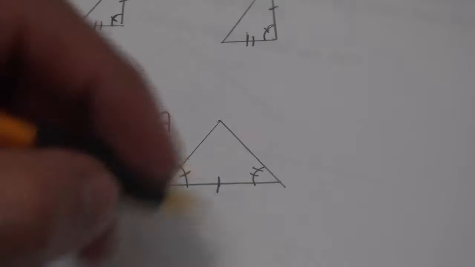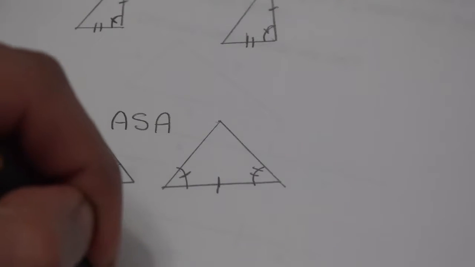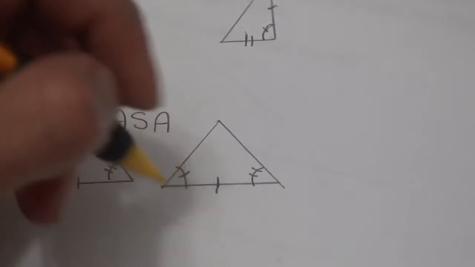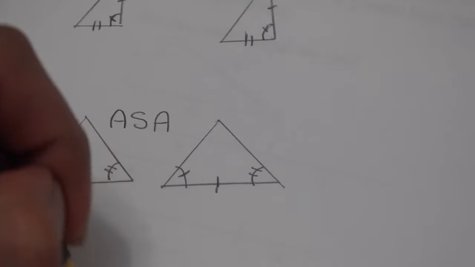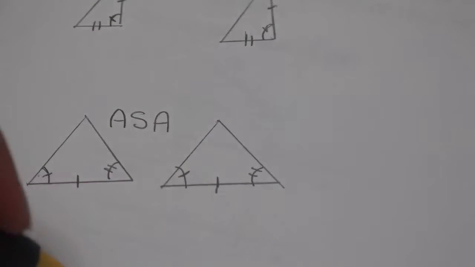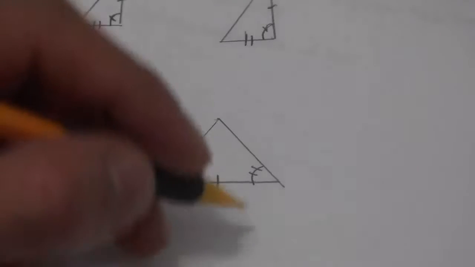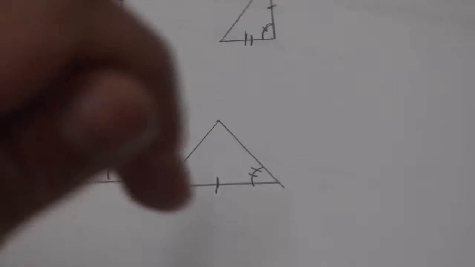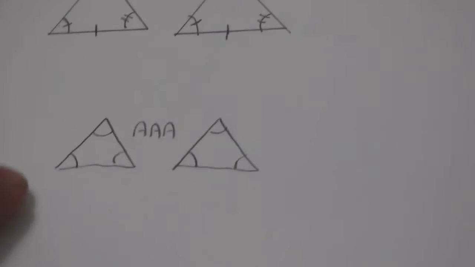All right, so how about angle, angle, angle? How about if all three angles of one triangle are congruent to all three angles of the other triangle? Guess what? You cannot prove that these two triangles are congruent.